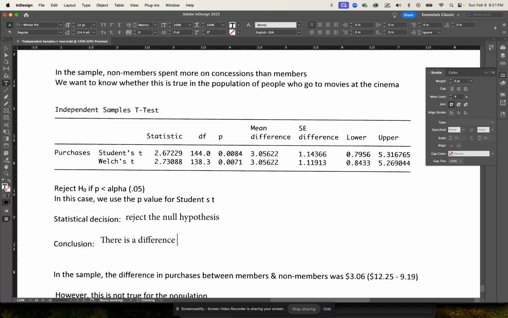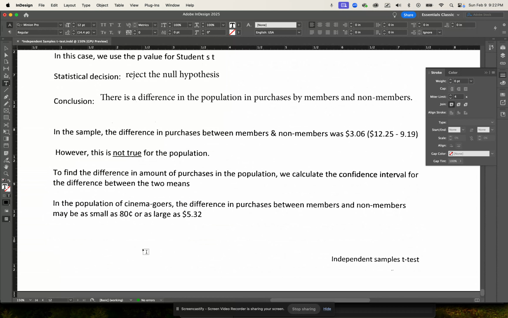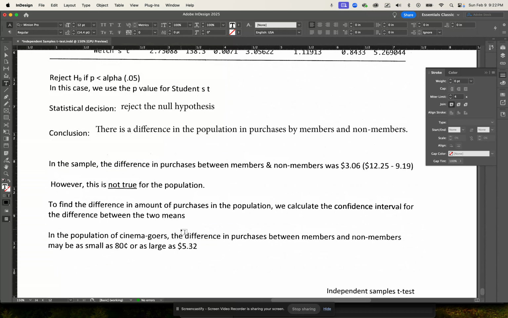There is a difference in the population in purchases by members and non-members. I guess you could give the same message to your manager, but really the more complete one would be to include your confidence interval.